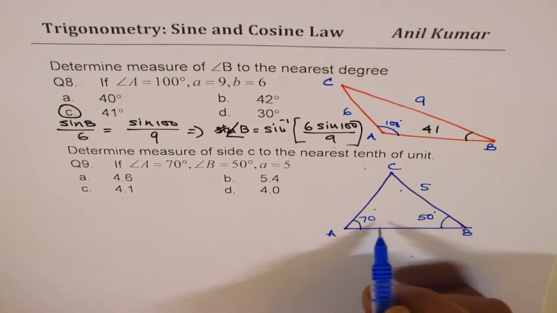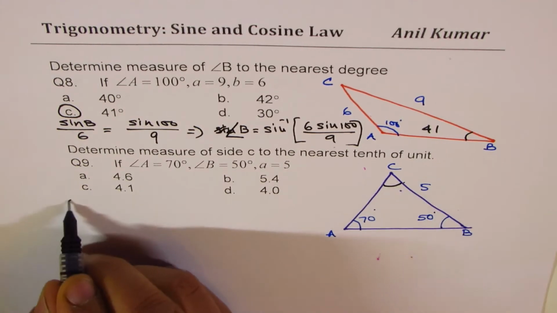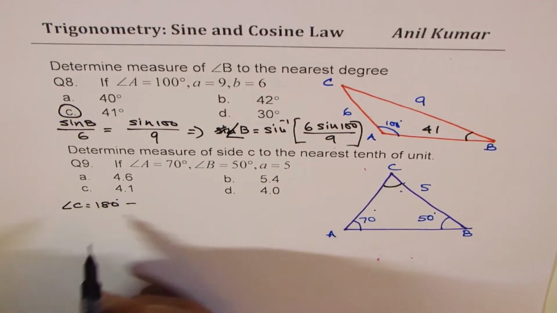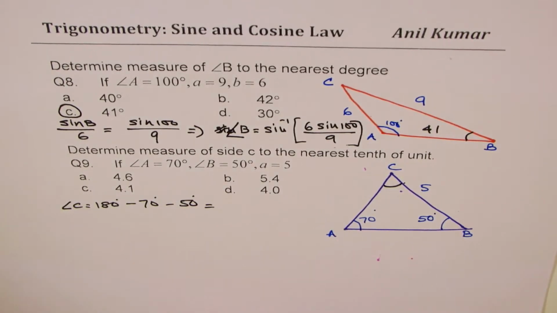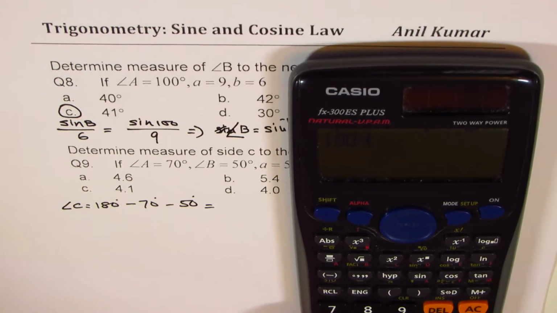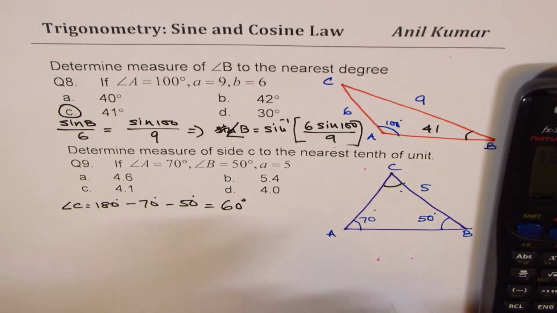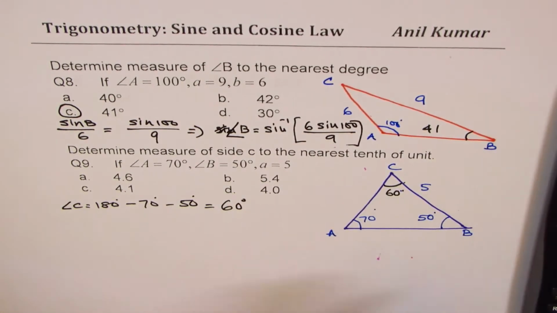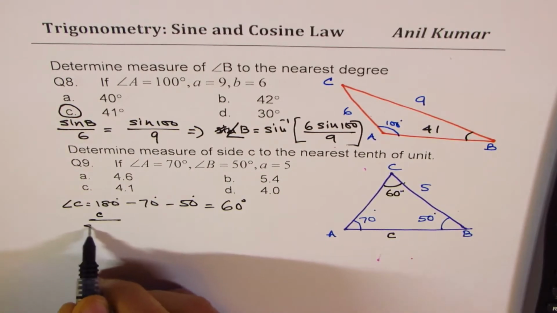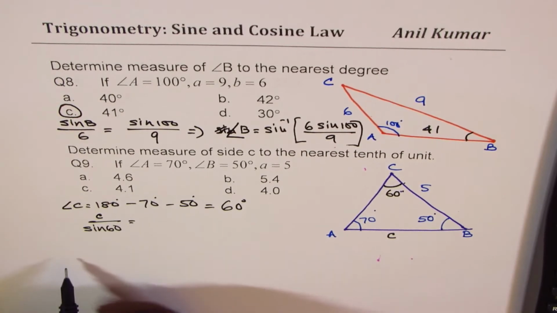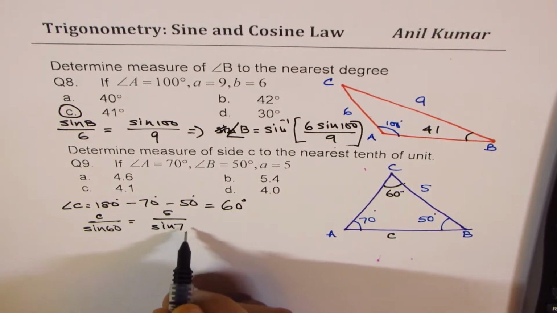Now whenever you're given a situation like this, you know sum of the angles is always 180, right? So angle C equals to 180 minus 70 degrees minus 50 degrees, correct? So let's calculate this. We get 180 minus 70 minus 50 equals to 60 degrees. So that is 60 degrees. We need to find side C. So we can say C over sine of 60 degrees is equal to 5 over sine of 70 degrees.